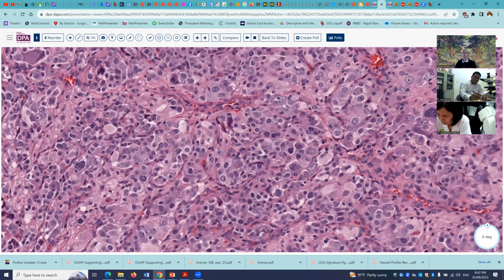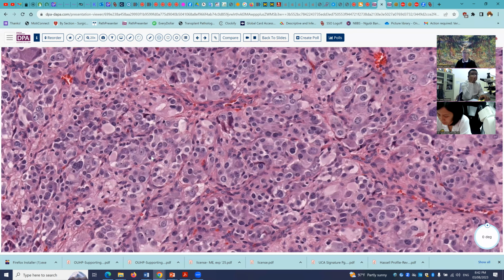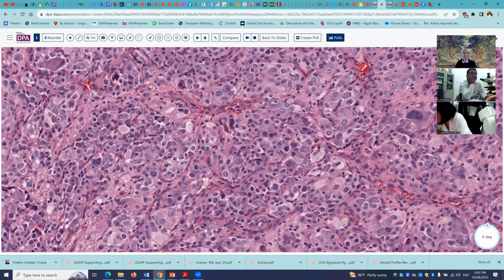And notice also that the cytoplasm here is quite amphophilic and granular. So if I had given you this picture and said this is adrenal, you might have very easily jumped to think pheochromocytoma, while paragangliomas in other places can have that same appearance.